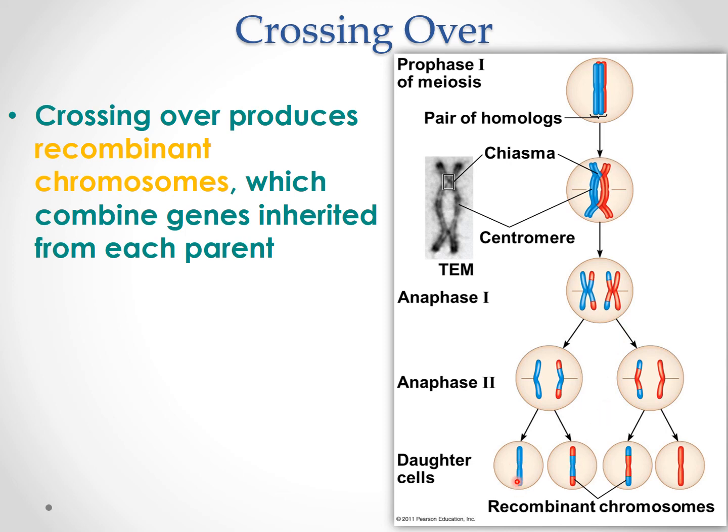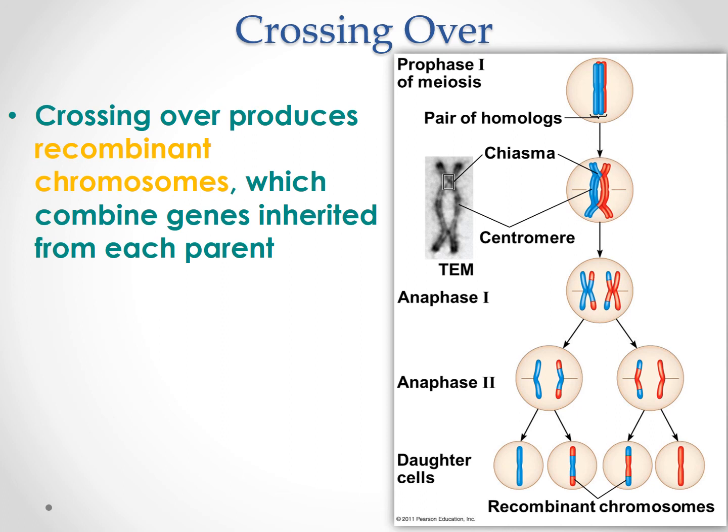Same thing with the sperm. There are different combinations of all these changes and mixing up of genes and alleles, so that we have these different gametes. Now, you have billions of choices of sperm and billions of choices of eggs.